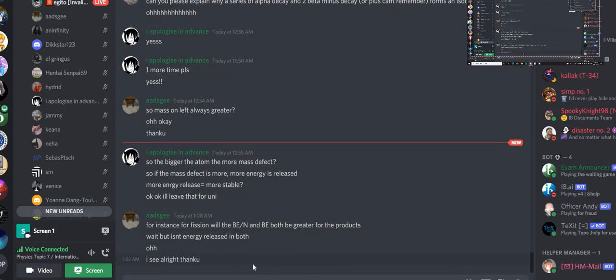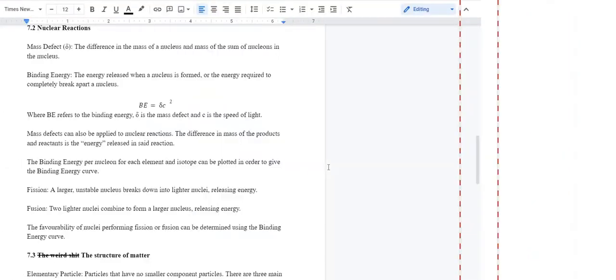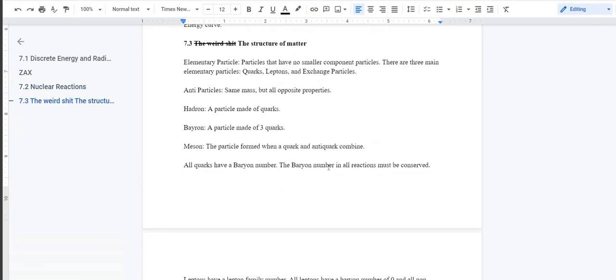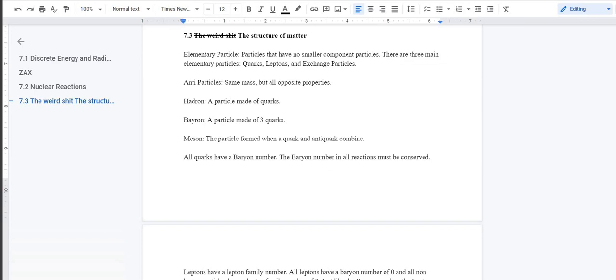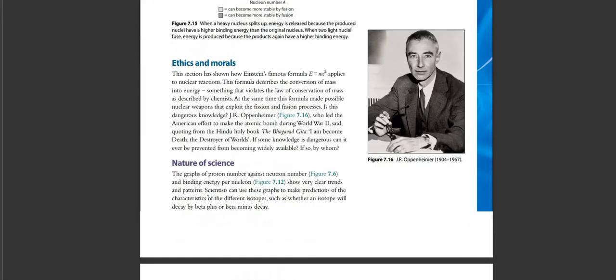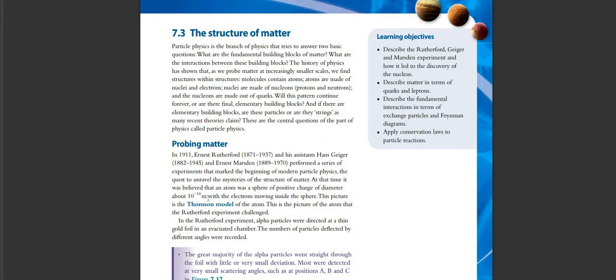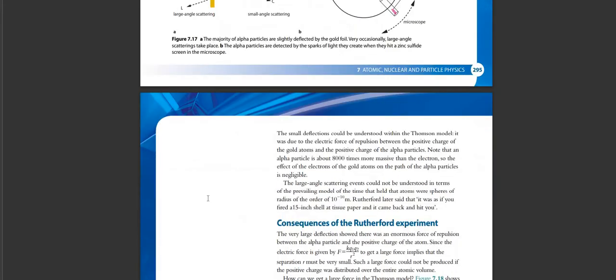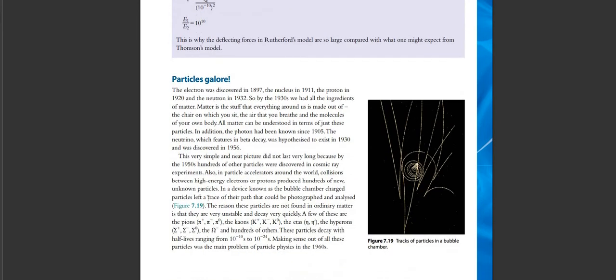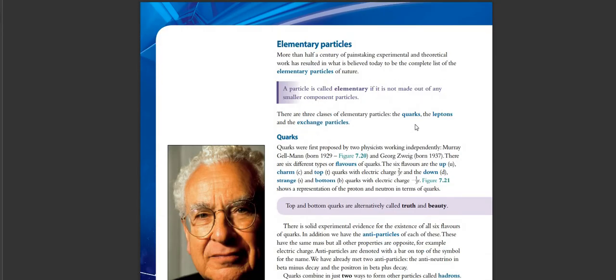Okay, I'm going to move on to the weird part of this chapter. This part of the chapter is mainly focused on the three elementary particles: quarks, leptons, and exchange particles.